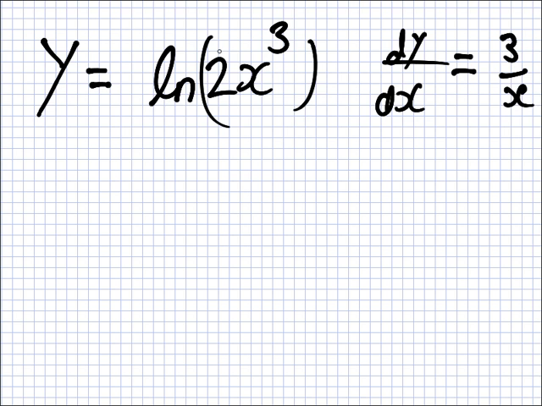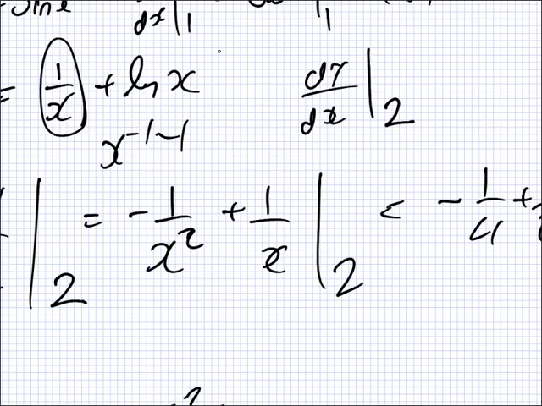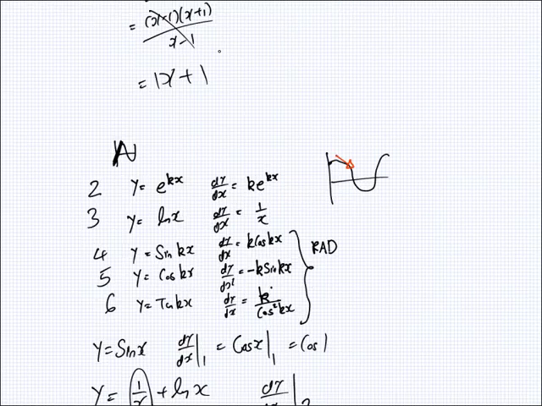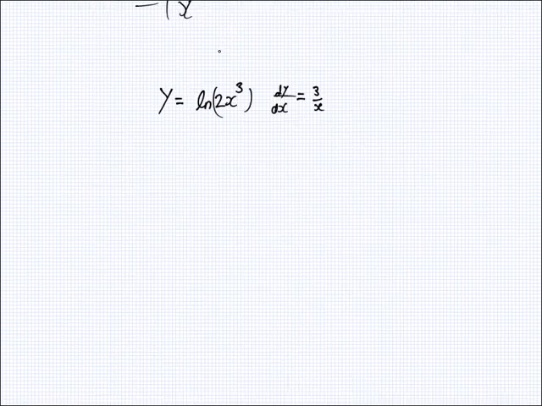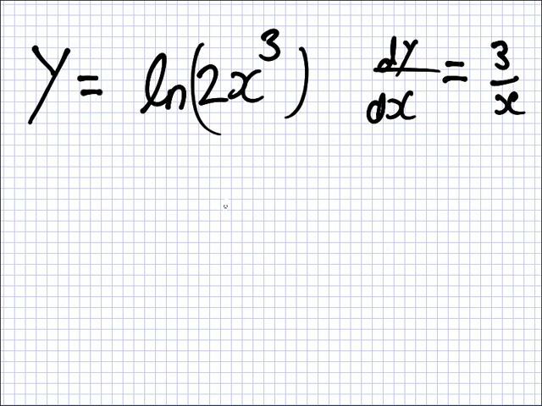Is this log x? I gave you a rule for log x, not log kx to the n. So you can't use the log rule here. So, similar to the problem we had earlier, before we can proceed, we have to simplify this a little bit.